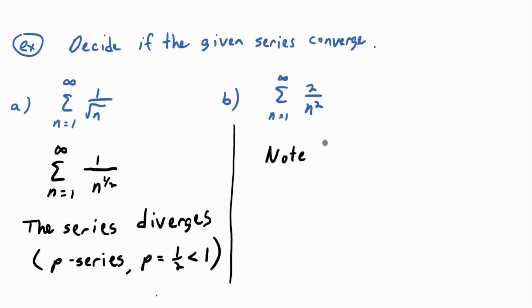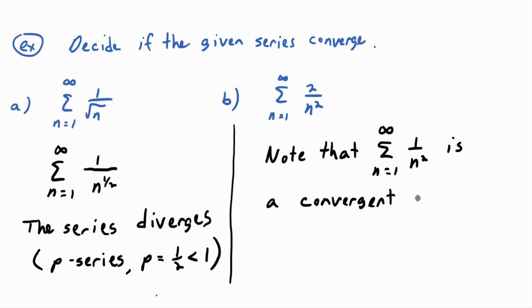I would say note that the sum from n equals 1 to infinity of 1 over n squared is a convergent p-series. What's the justification? Since I already stated it's a p-series, I'll just say p equals 2, which is greater than 1.